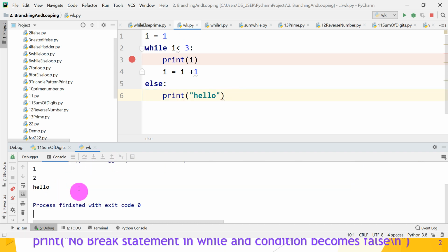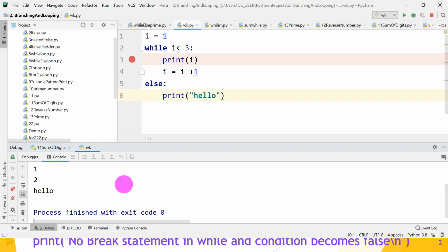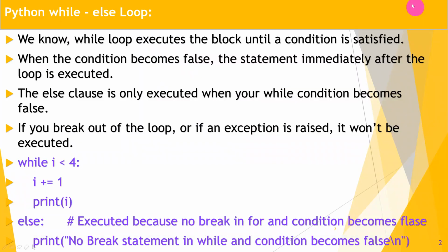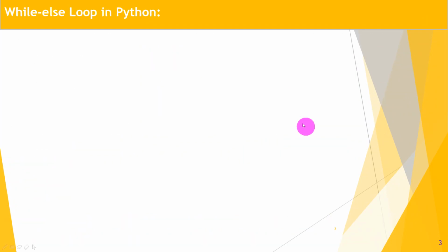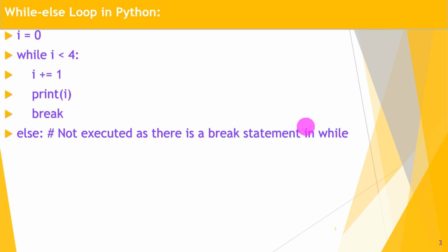Great, guys. I hope you understood this concept, the while else loop. Moving forward, we can take another example. If break is there, then the else part does not get executed.